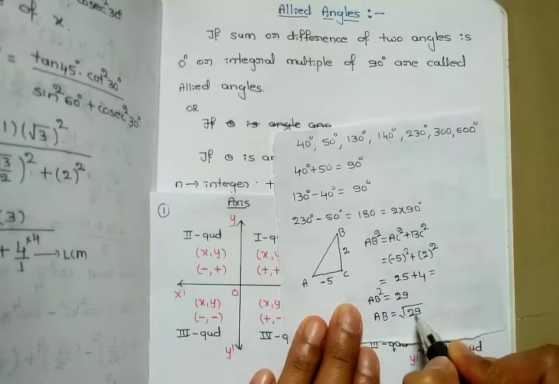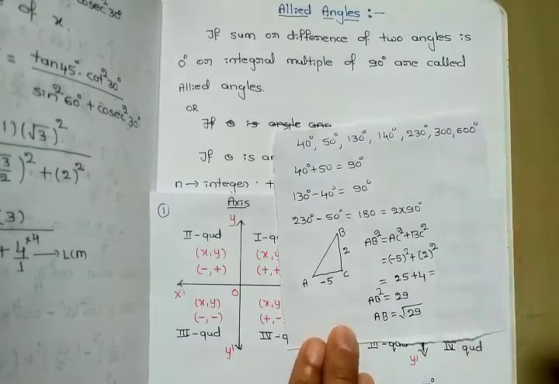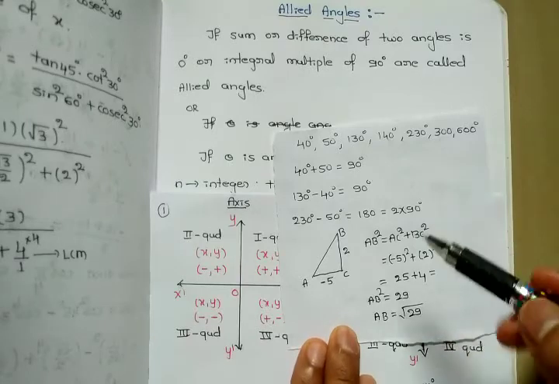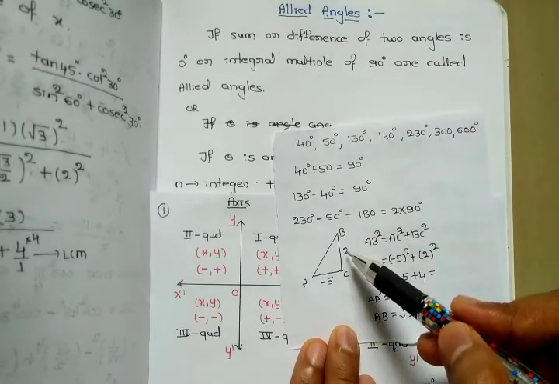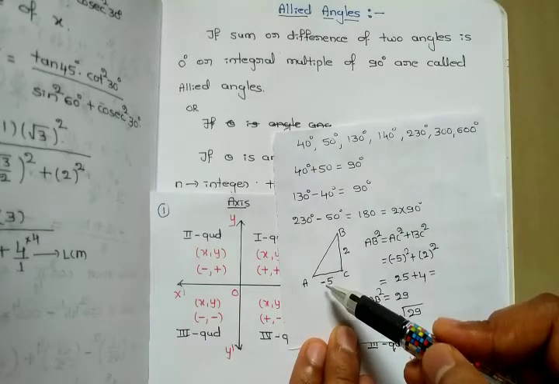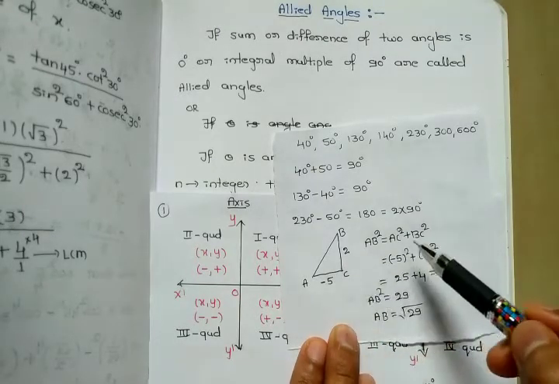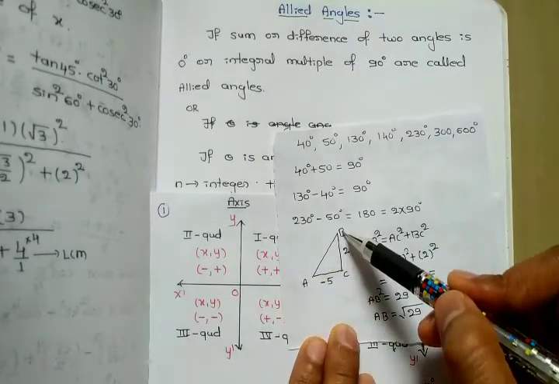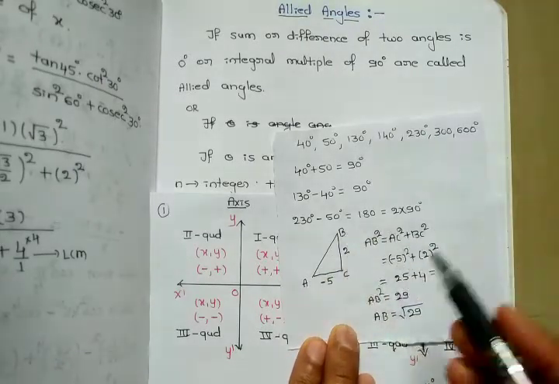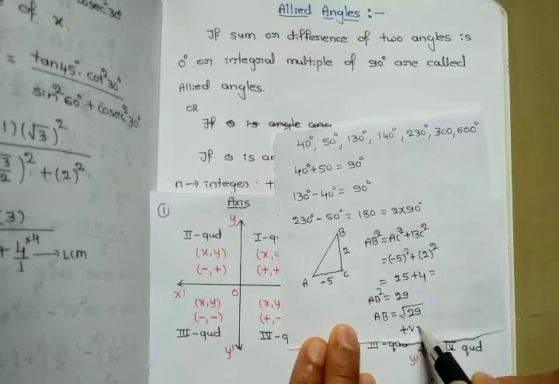Therefore AB value is square root of 29. So what you can observe here, so if any one value is negative or both the values are negative, then after applying the Pythagoras theorem, this AB value again it becomes positive only, correct?